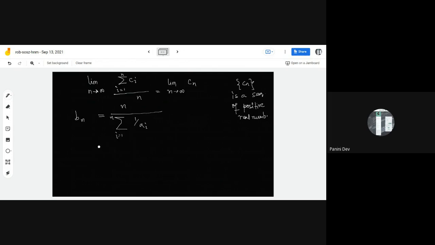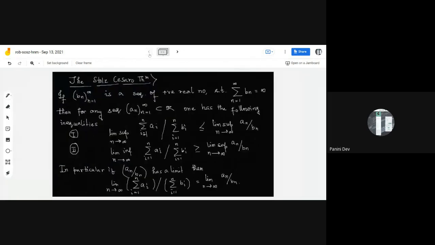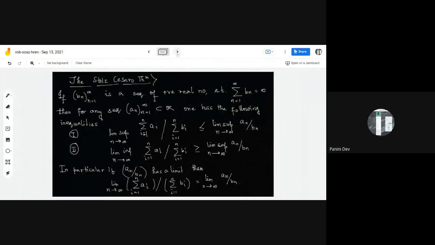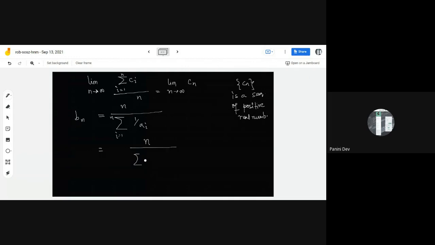Each of these ei is defined as 2 to the power i plus 3 to the power i, whole to the power 1 by i.